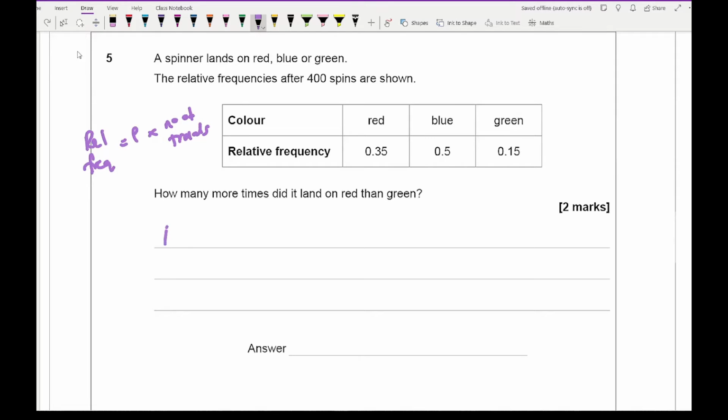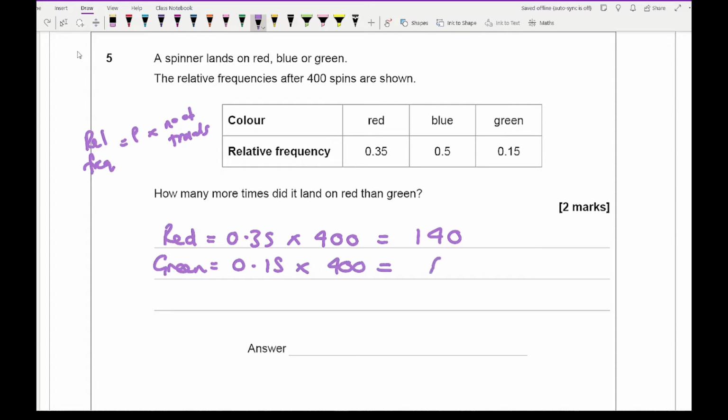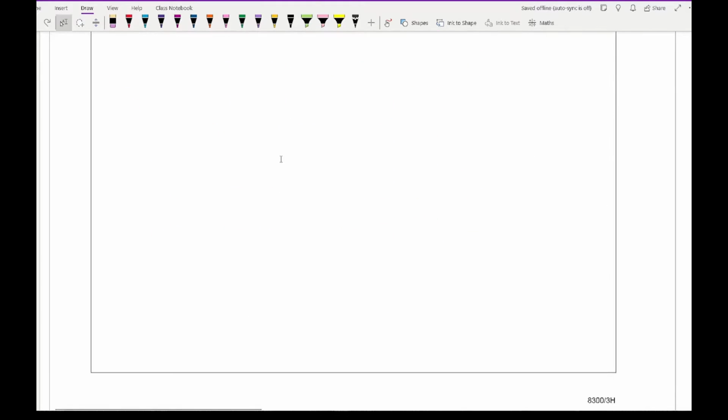For red, we're going to do 0.35 multiplied by 400, and if I type that into my calculator, I get an answer of 140. If I do the same for green, I'm going to do 0.15 multiplied by 400, and I get an answer of 60. So all that's left is to work out the difference between those two numbers by subtracting, and I get an answer of 80.